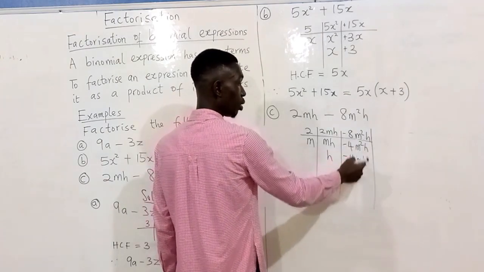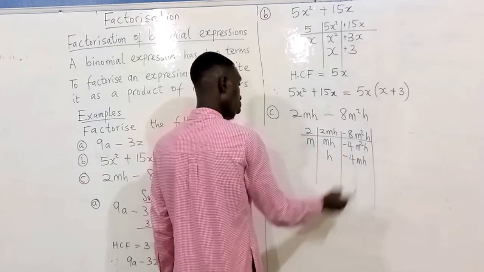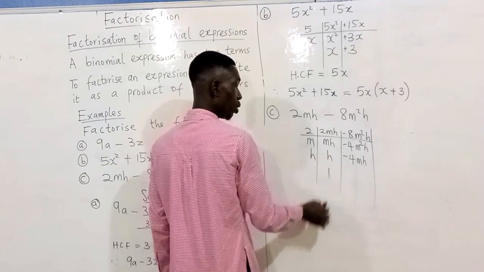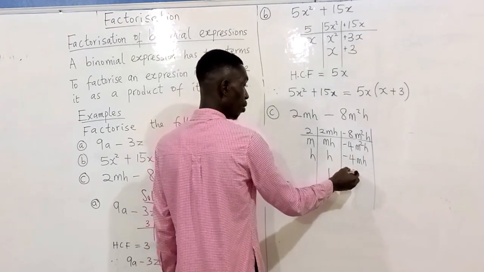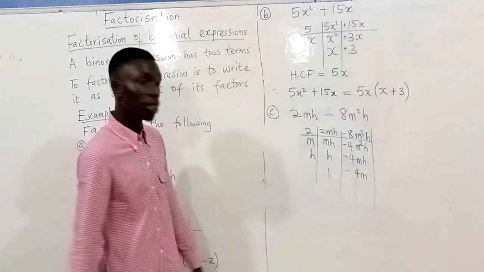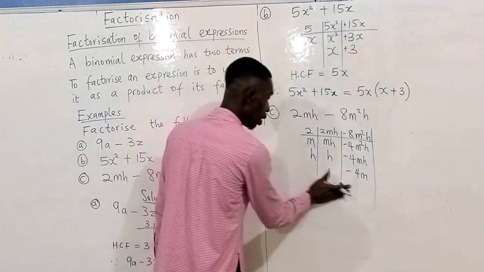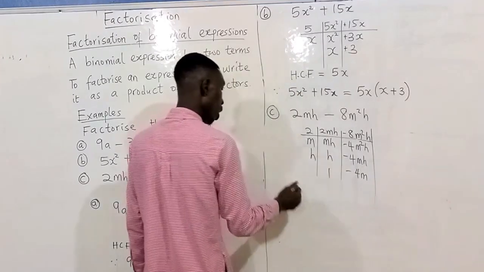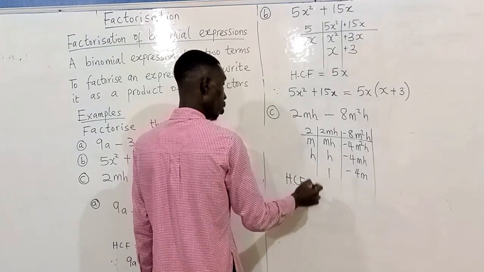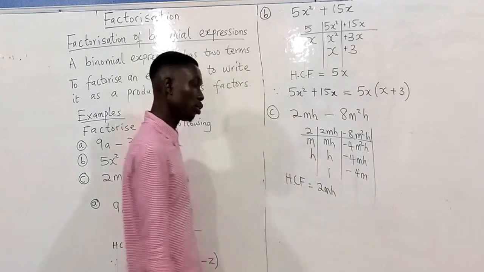Then what else can go? Remember this is m squared, so we have m times m here. So 1m is out, so we are left with 1. I think h can go. h here we have 1, and h here we have minus 4m. At this point, nothing can go into both terms again, and so our HCF is equal to 2mh.